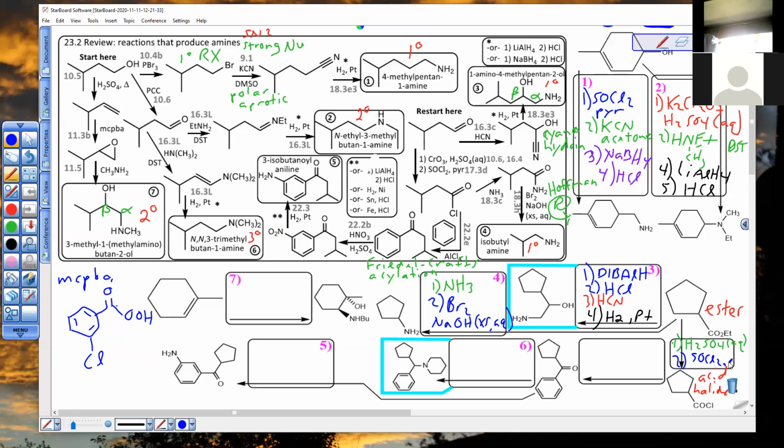That's twice we've seen that on this review. SOCl2 and pyridine is good for converting alcohols, this secondary alcohol here to an alkyl chloride, or converting a carboxylic acid to an acid chloride. And there's your acid chloride.